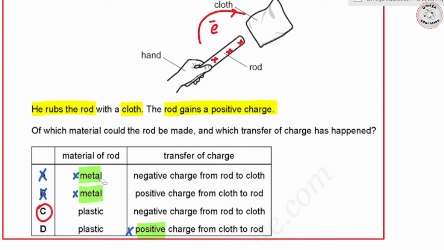First of all, you should be able to eliminate these two, because these two mention conductors, and option D mentions positive charge or protons. So A, B, and D would be discarded straight away. You'll be left with option C.